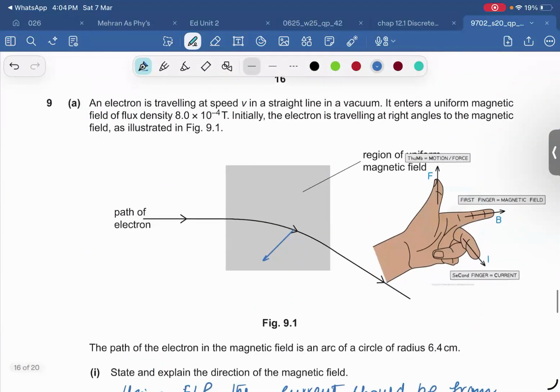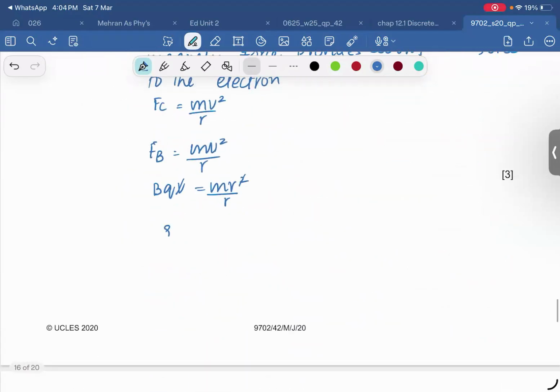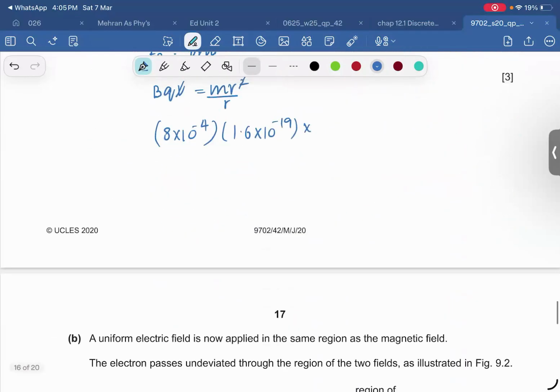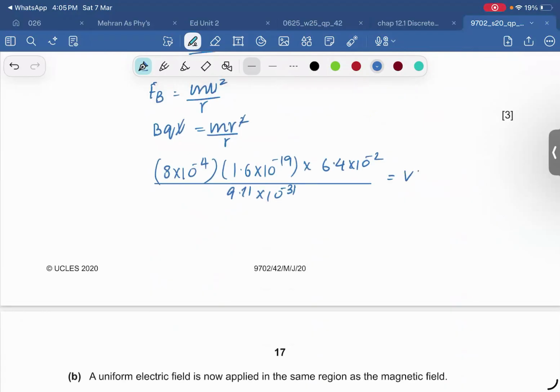B is 8 exponent negative 4. The charge of the electron is 1.6 exponent negative 19, and the radius is 6.4 exponent negative 2, and the mass of the electron is 9.11 exponent negative 31. And this will give you your velocity. How much?